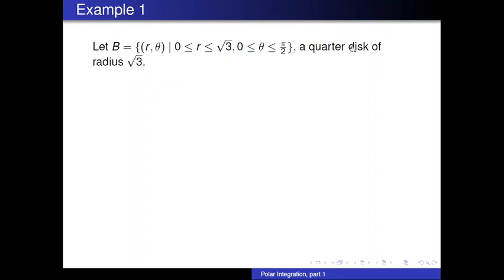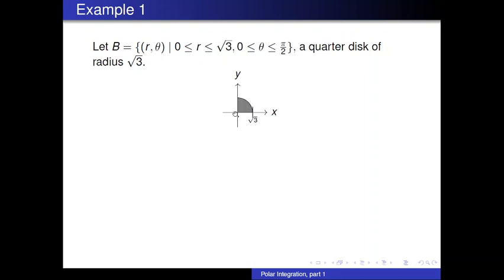I believe it was in written homework 6 that you integrated some function over this quarter disk, but you used rectangular coordinates, or at least you were supposed to. That was doable then, but now let's do that same problem using polar coordinates instead, because this is a polar box, so it should be doable by polar coordinates.